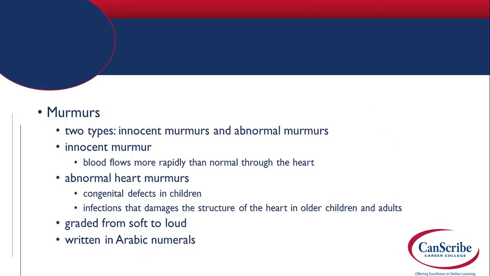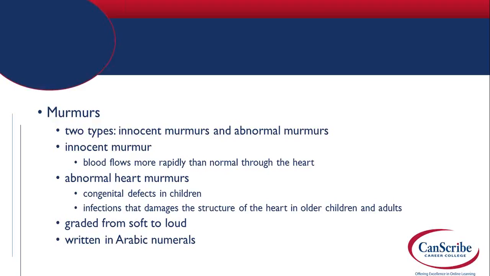Now, murmurs are something else you'll hear a lot of during the physical exam, especially when they're talking about the heart. It's there are no murmurs, or there's a systolic murmur. That kind of terminology you'll be hearing. So there's basically two types of murmurs. They're innocent murmurs and abnormal murmurs.